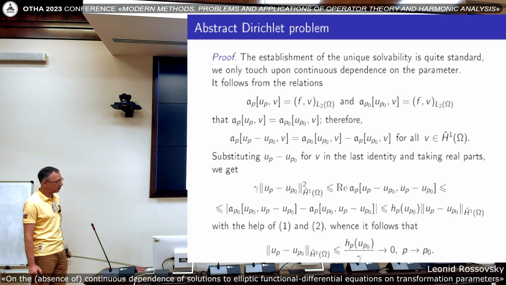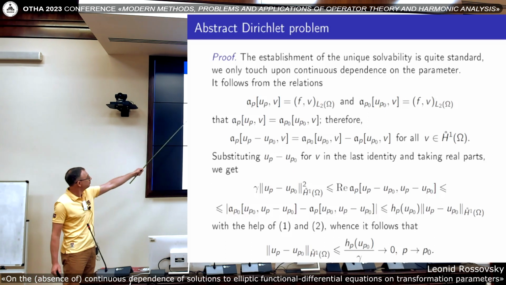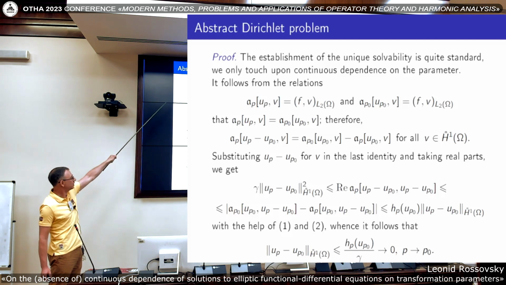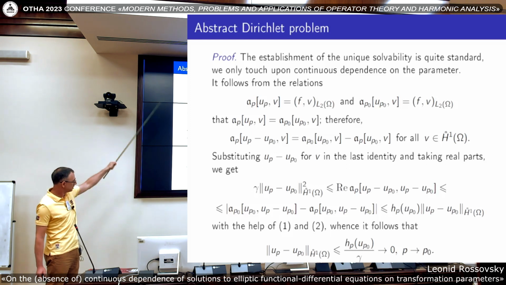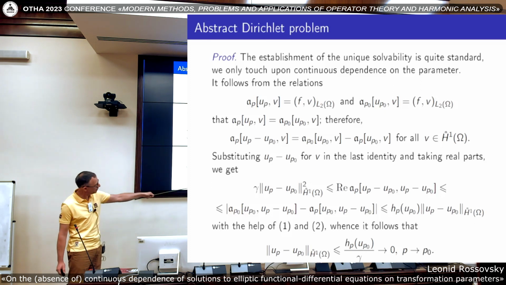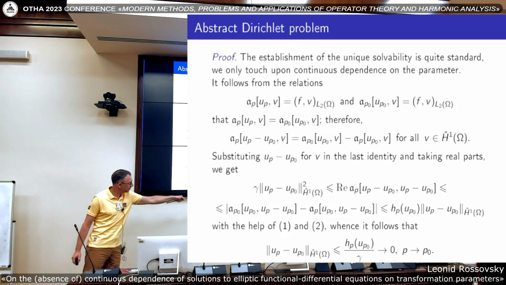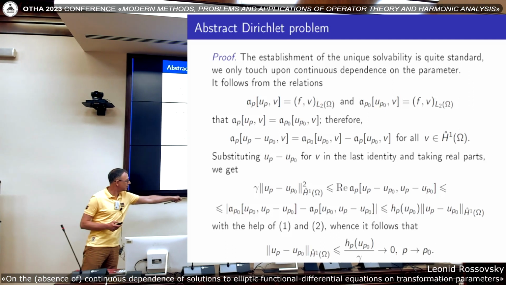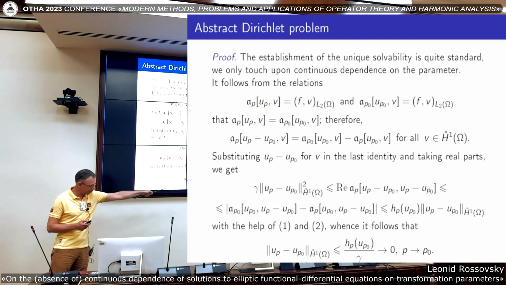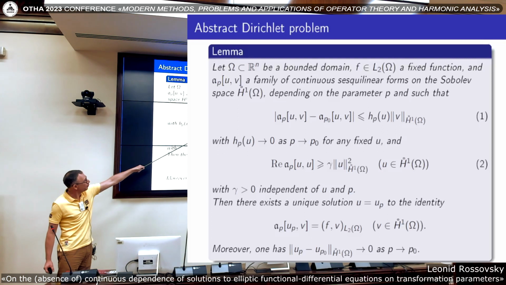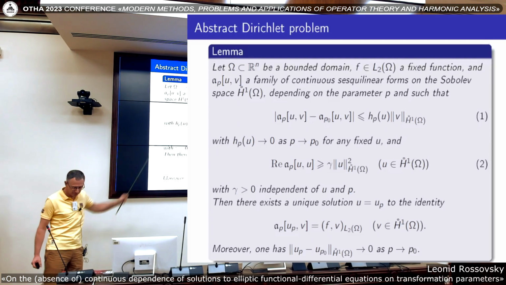Here is the proof. I omit the existence result. It's absolutely standard, but the continuous dependence is also not difficult. Here we estimate the difference in the H1 norm by two constants, the first one from inequality 1 and the second is here.